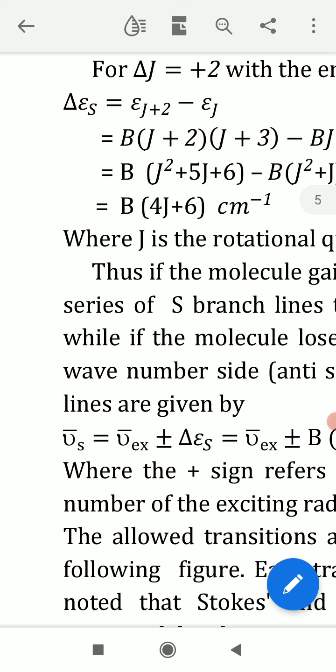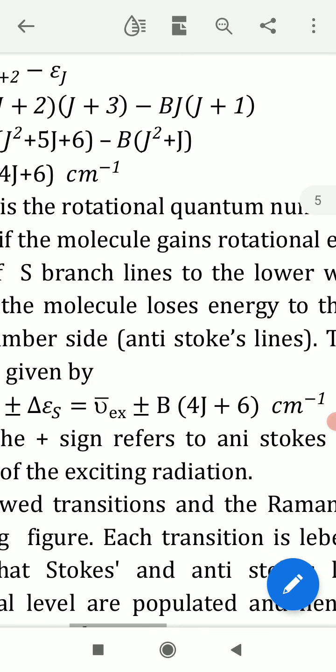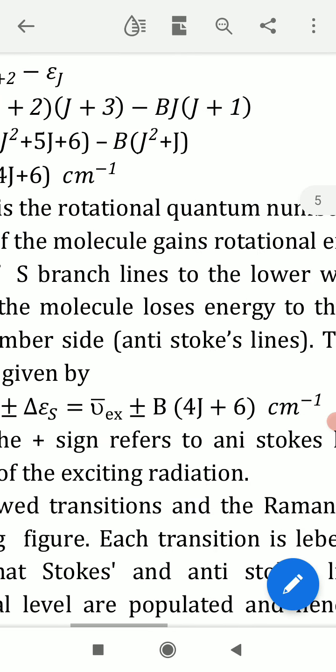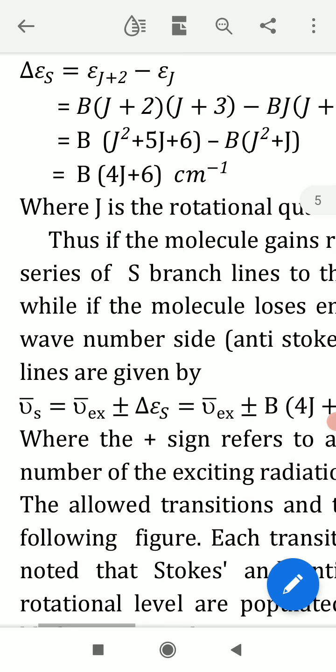So nu S bar will be equal to nu Ex bar. Ex is for excitation, that means it is wave number of incident radiation. So nu S bar, wave number for S branch lines, is equal to nu Ex bar plus minus delta Es.